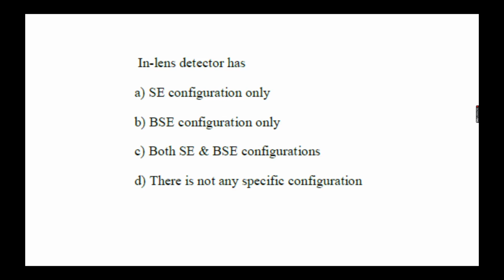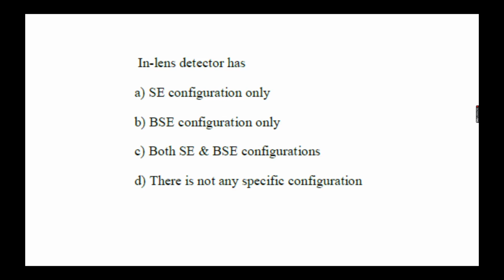The next is the in-lens detector. There is another detector which came into the picture, which is the in-lens detector. The in-lens detector has what? Only the SE configuration, only BSE, both SE and BSE, or no specific one?